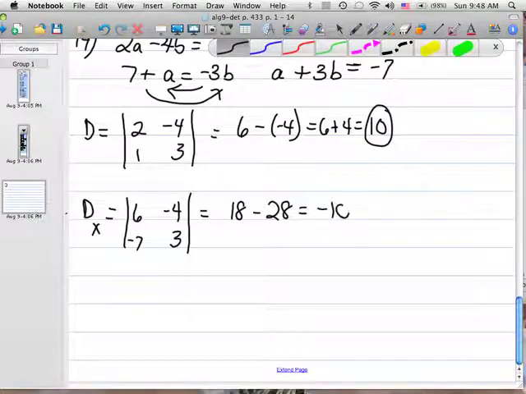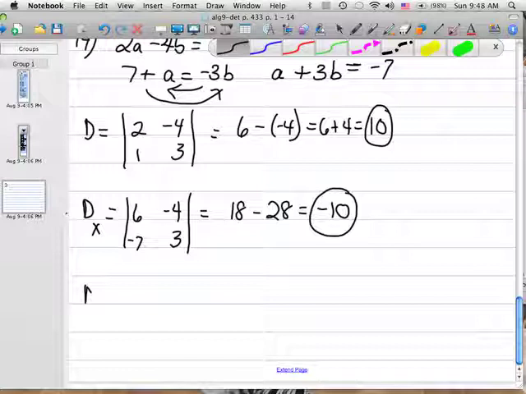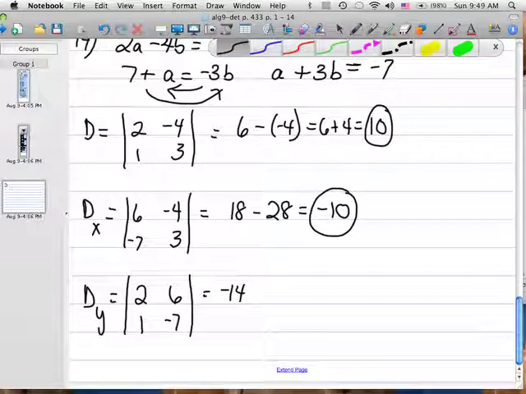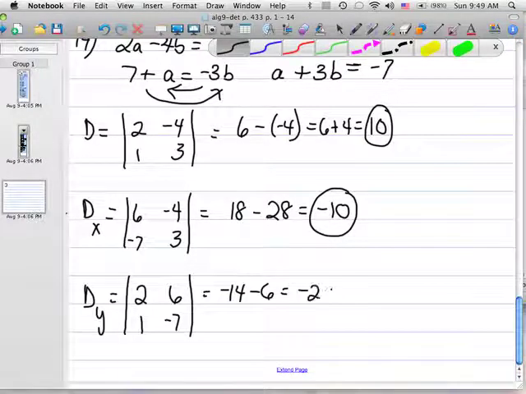That gives us -10. And then the determinant for the y value, since I'm looking for y, I leave the x column or the a column alone. Put in the constants in the second column. So 2 times -7 is -14, minus 6 times 1, 6. That gives us -20.